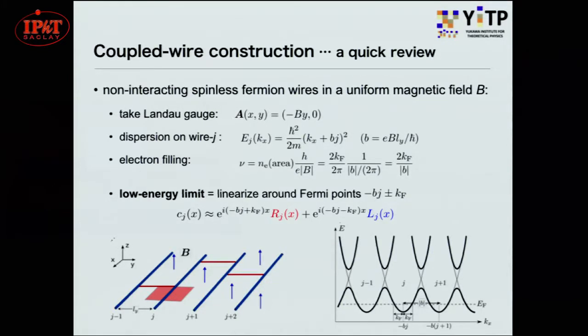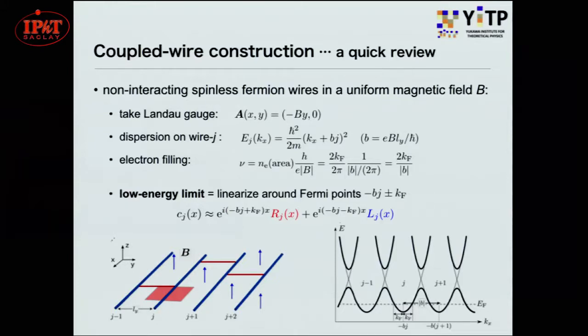If you calculate the single particle excitation along each chain, it's going to be something like this. The effect of the external magnetic field is just to shift the center of the dispersion in this way.